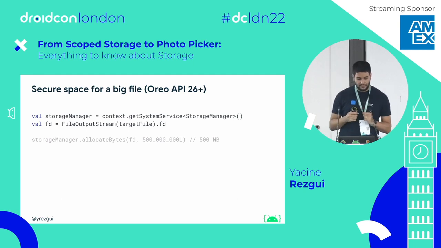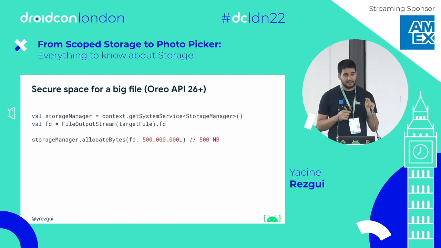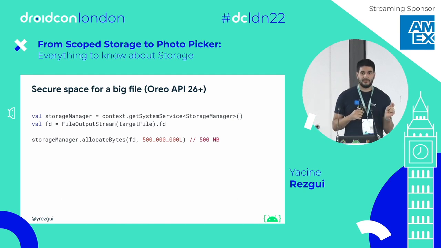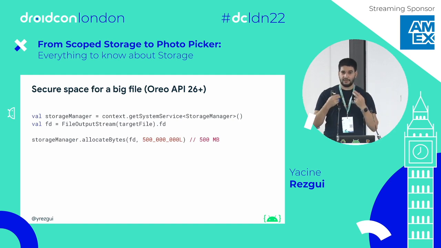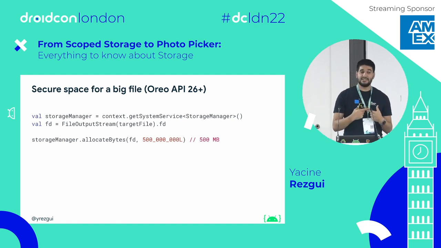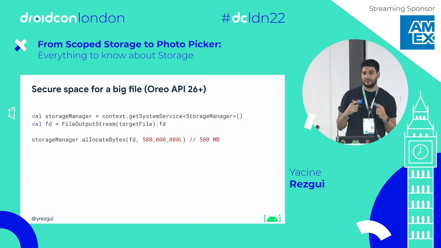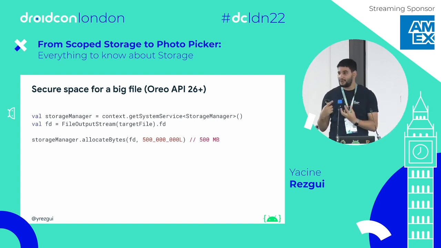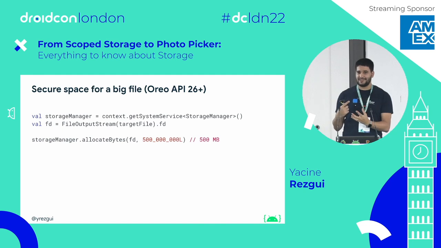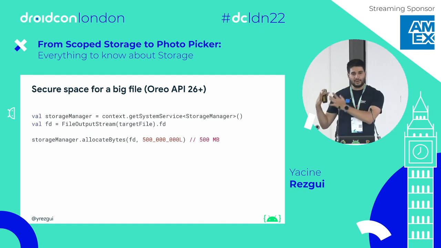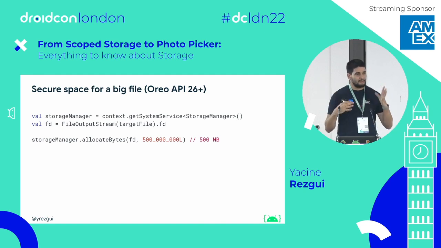Here we're getting the file descriptor, and there is a method named allocateBytes. If it has enough space, it will succeed and not fail. And if it doesn't have enough space, it will try to clear the caches to make sure you have enough space. Obviously, given the operation is quite heavy, you should not call it every second. But see, even there is a way for Android to make sure we will find space for you.